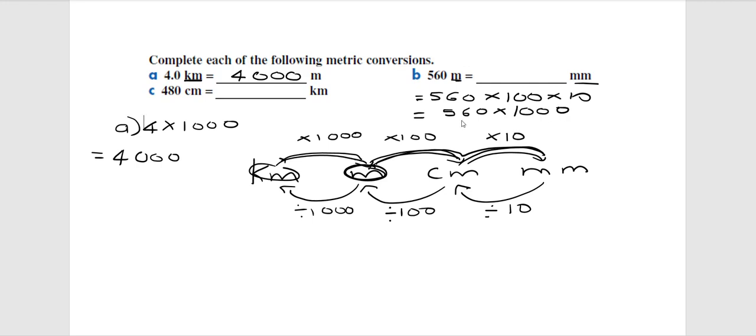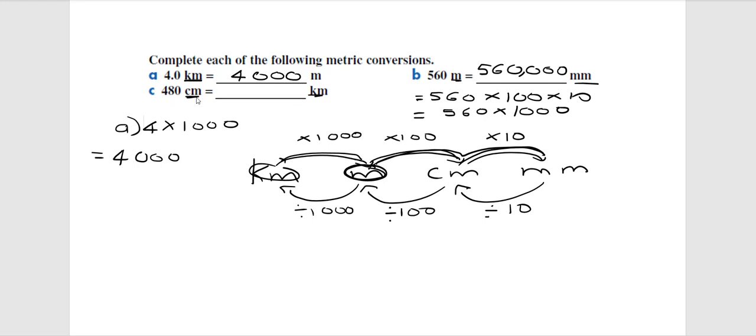That's also correct. So what is 560 times 1,000? All we're going to do is add the 3 zeros onto 560. So 560, add 3 zeros, 1, 2, 3. Put a comma in, 1, 2, 3, comma. I have 560,000 millimeters.